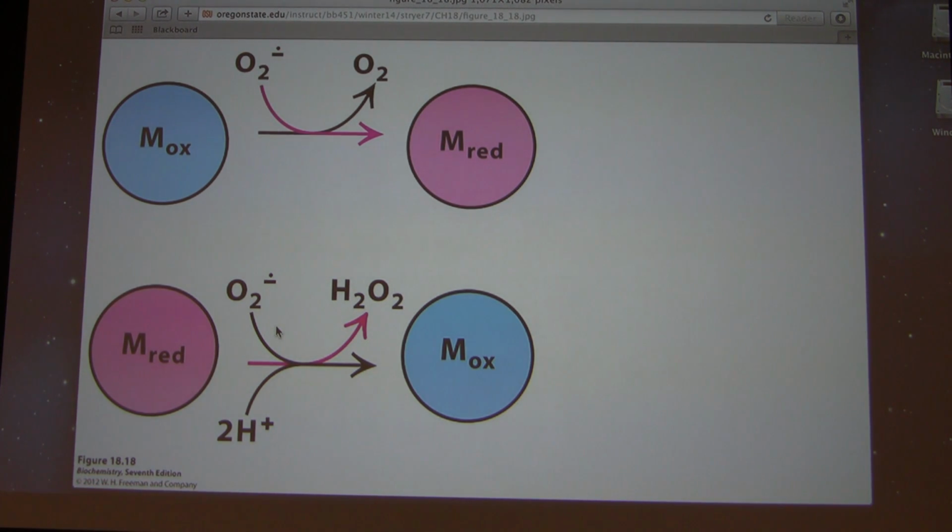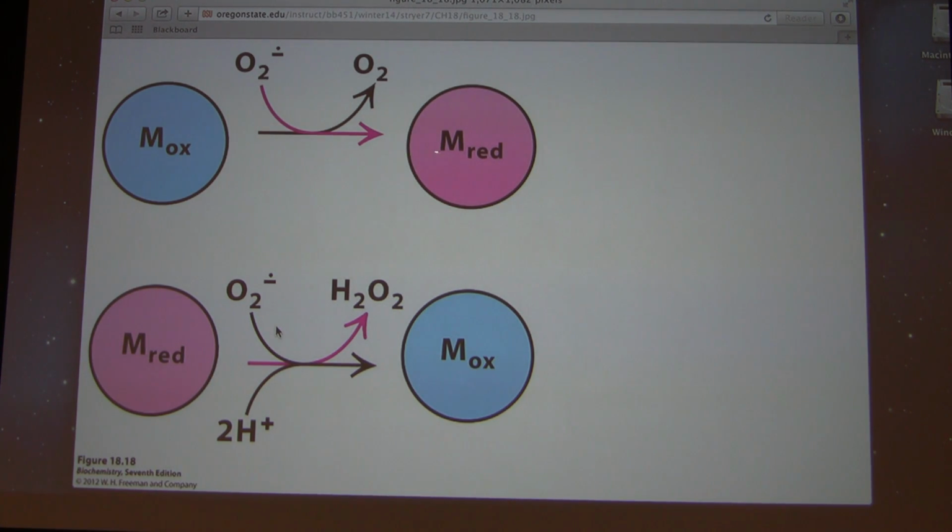This enzyme catalyzes the conversion of superoxide, which is oxygen with an extra electron, back to molecular oxygen. It also gets converted to hydrogen peroxide. Now, hydrogen peroxide is a fairly reactive molecule as well, but it's not nearly as reactive as superoxide is.